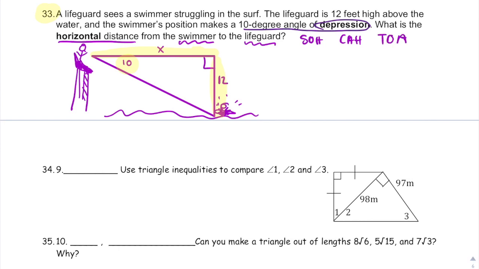Opposite and adjacent mean that to solve, we need to use tangent. Tangent of 10 degrees is the opposite side 12 over the adjacent side x. To solve for x, we switch. x equals 12 over tangent of 10.